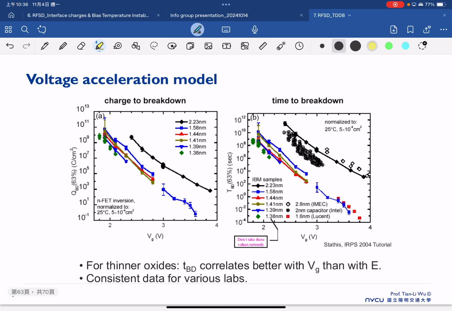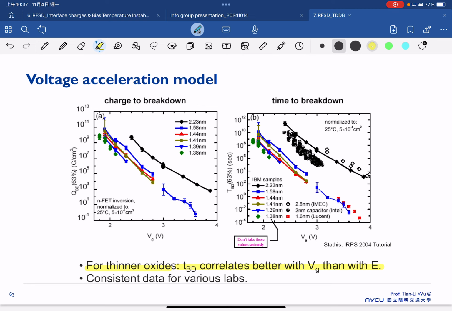And also, if we consider the different gate bias, actually we will start to see the correlation. For the thinner oxide, the TDDB correlates better with VG than with the electric field.